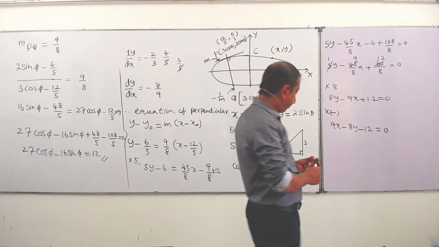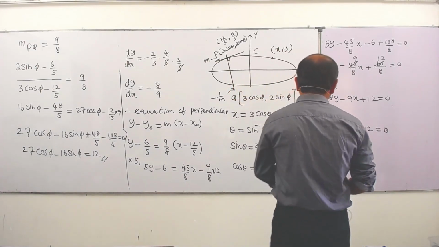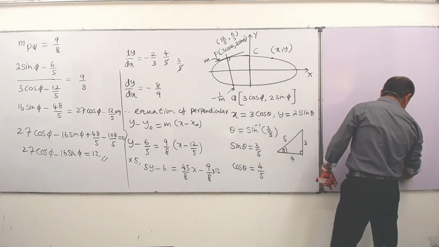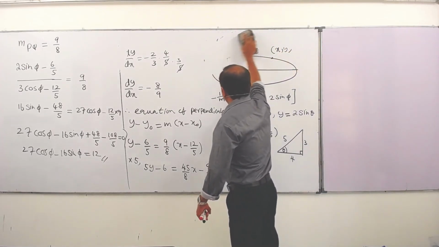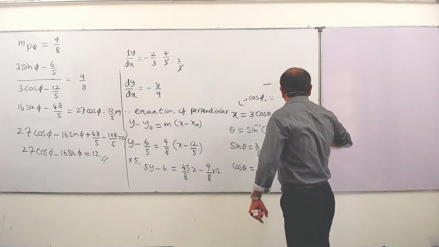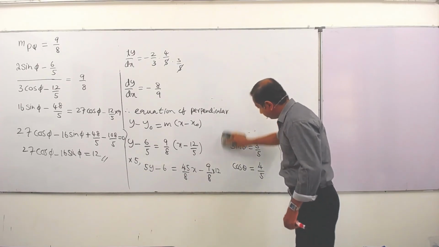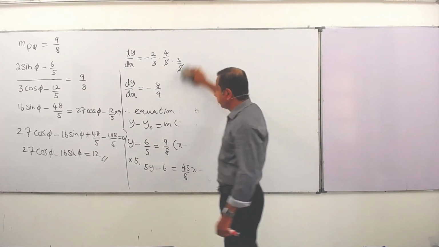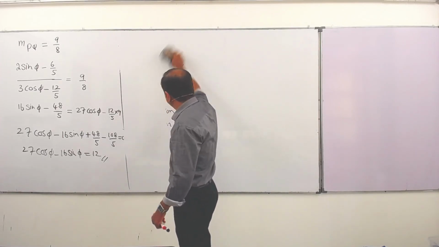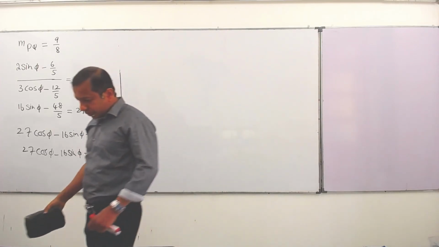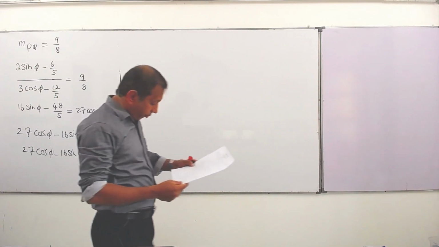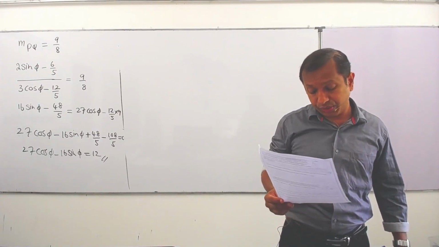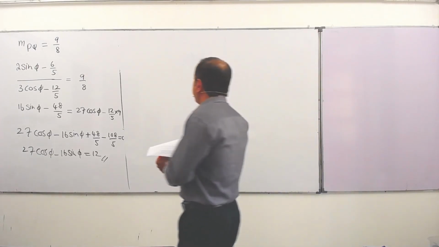Question number 5. Continuity question. For what value of k is the function f(x) given this way continuous at x equals 0?